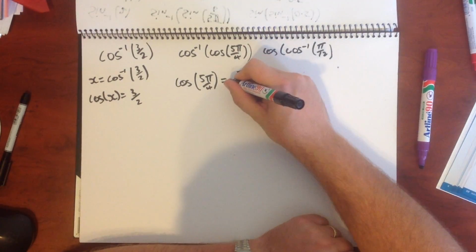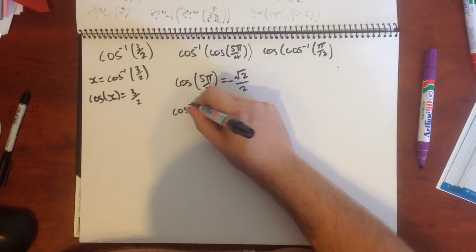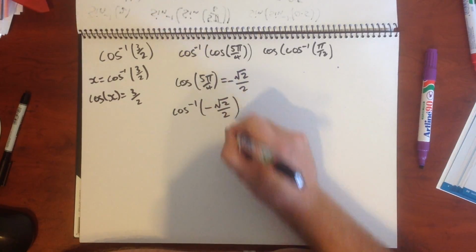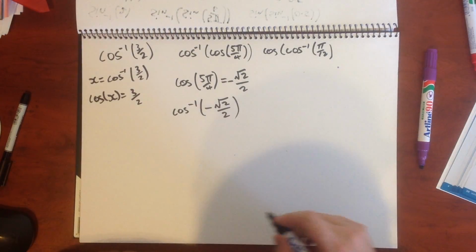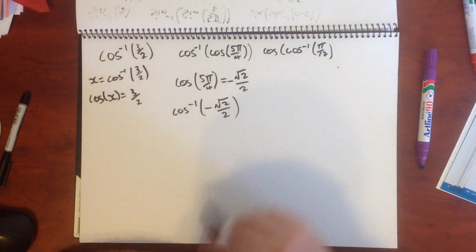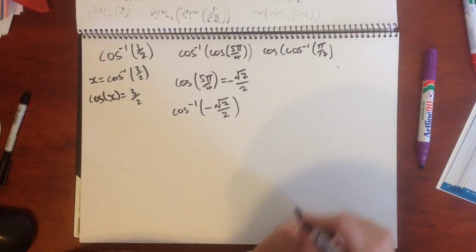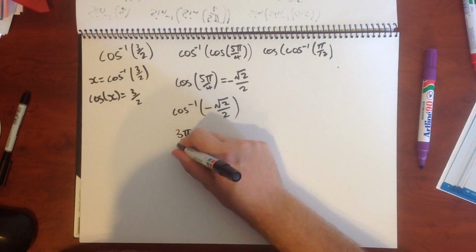Then we're going, inverse cos of negative root 2 on 2. There is only one solution for when that happens, in our domain from 0 to pi, and it's going to happen at 3 pi on 4.